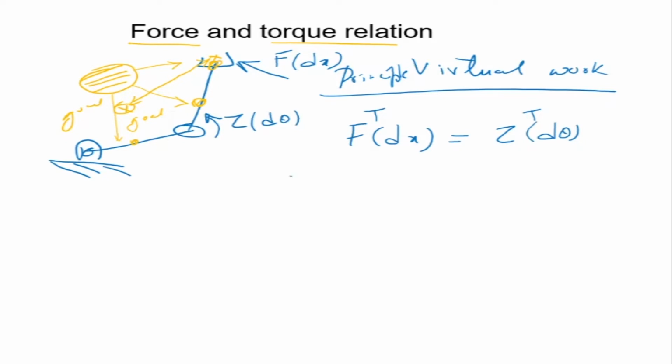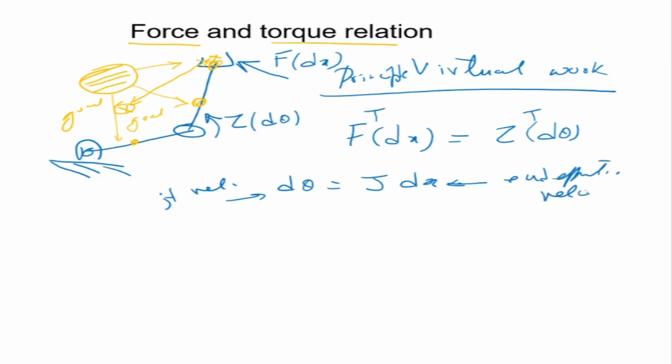Now we also know that d theta is equal to J into dx, where this is my joint velocity and this is my end effector velocity. So this we do know. Now I can take d theta and put it here.